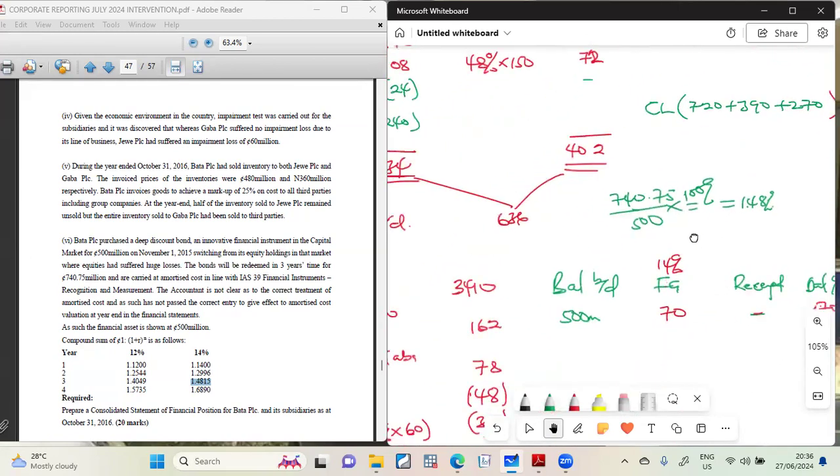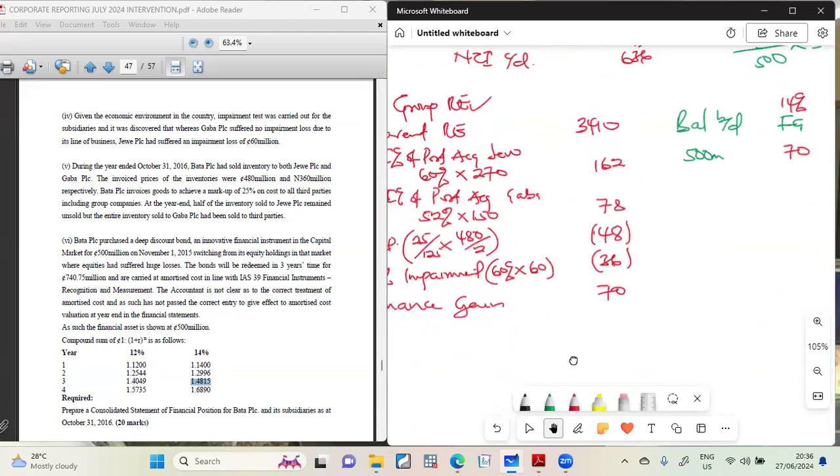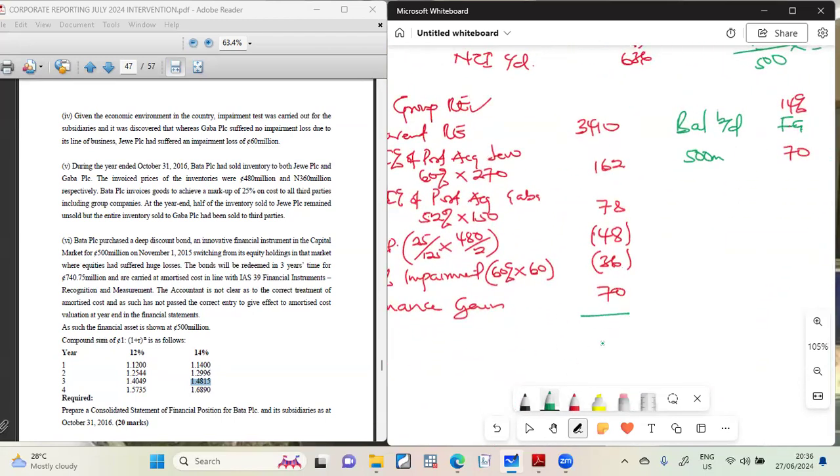All right, then let's total this side and bring it in. So this one is 3410 plus 162 plus 78 plus 8 minus 48 minus 36 plus 70. I'm having 3636. Yes, 3636.